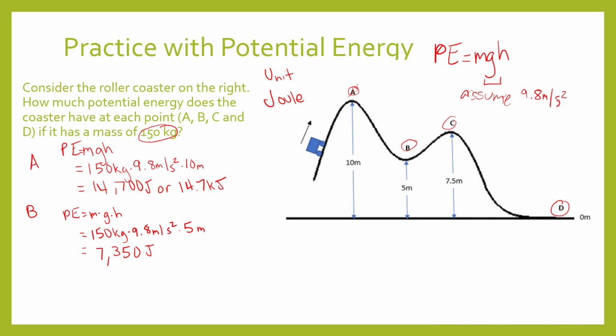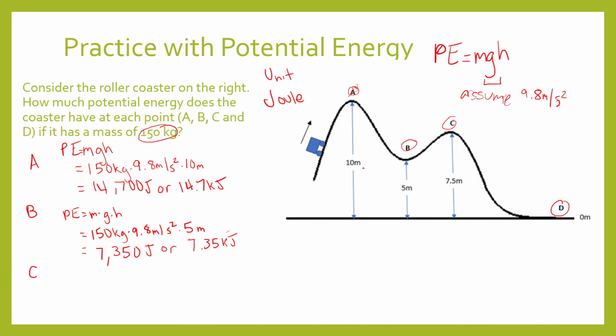Just to be safe, I'll put it into my calculator just to make myself feel like I know what I'm doing. So 150 times 9.8 times 5 this time, 7,350 joules, or 7.35 kilojoules.